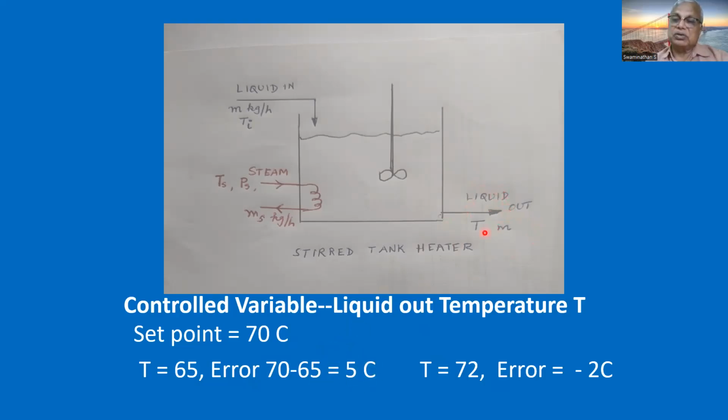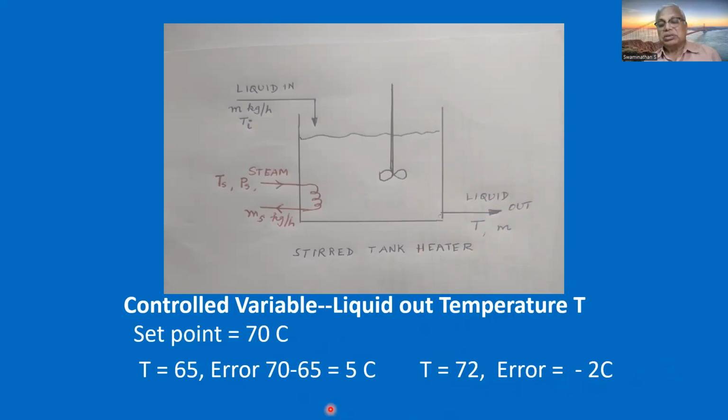The set point required value is 70, but when you measure, because something has happened, the temperature is not 70, it is only 65. So there is an error of 5 degrees centigrade. Suppose when you measure at some other time, the temperature is 72. Then the error is 70 minus 72, which is minus 2 degrees centigrade.